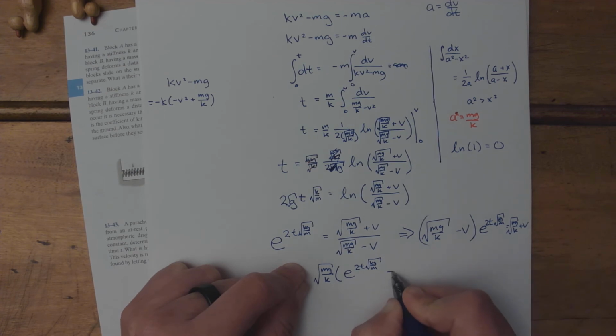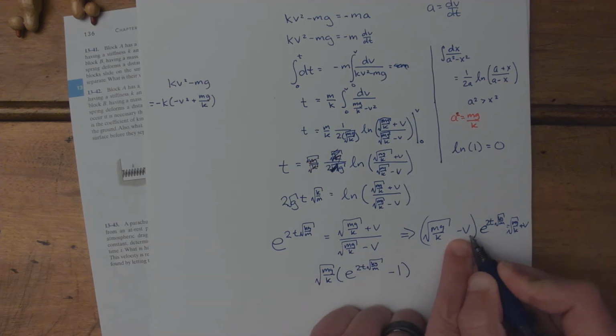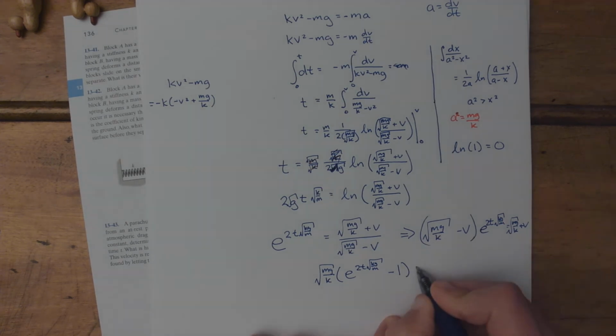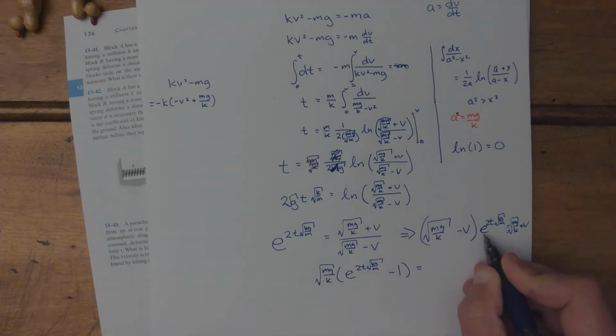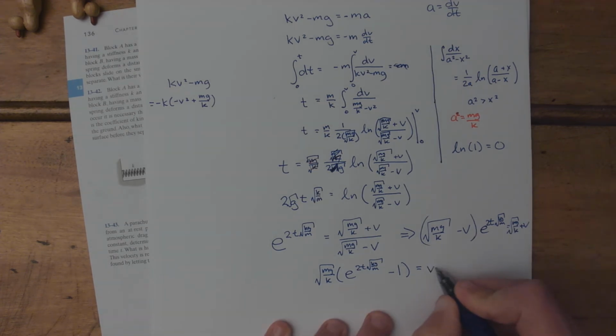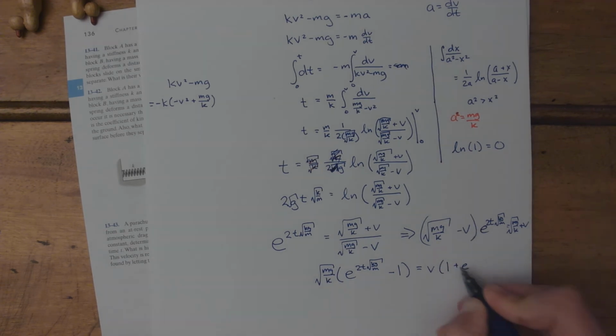That would just be a -1. And then we still have this to take care of, which is going to go over to the other side along with the e to the 2t square root of kg over m. It was negative, so if I bring it over to the other side, now it's positive.